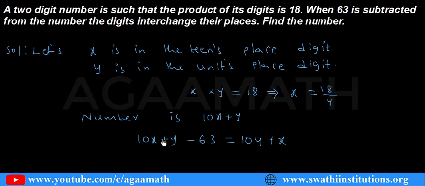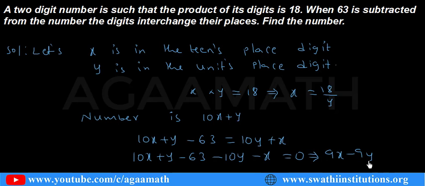So 10x plus y minus 63 minus 10y minus x equals 0. Simplifying, 10x minus x is 9x, y minus 10y is minus 9y, so 9x minus 9y minus 63 equals 0.